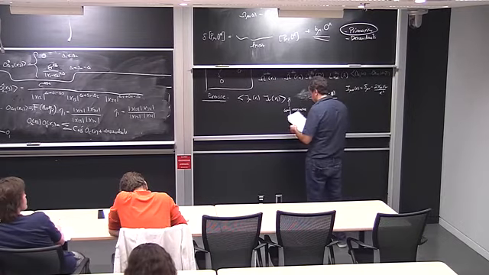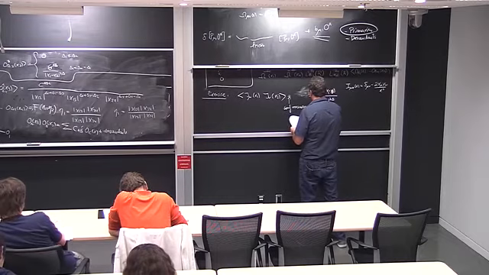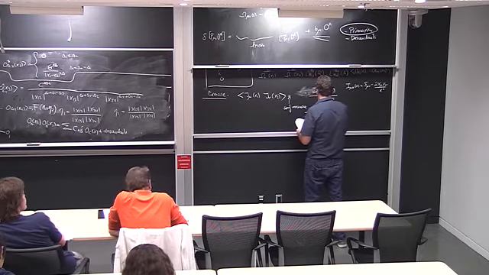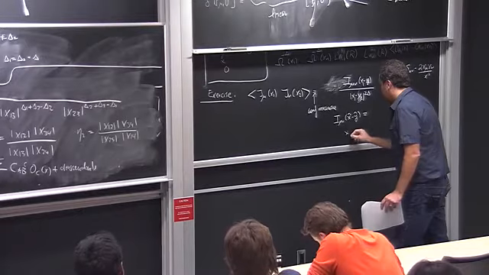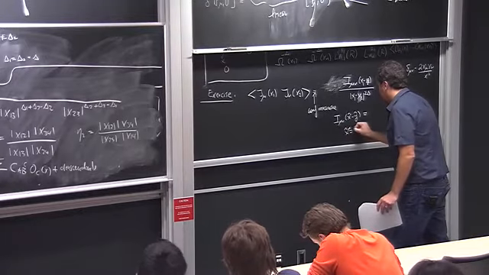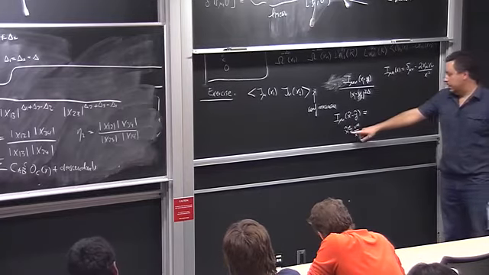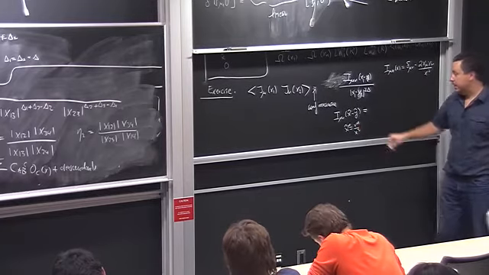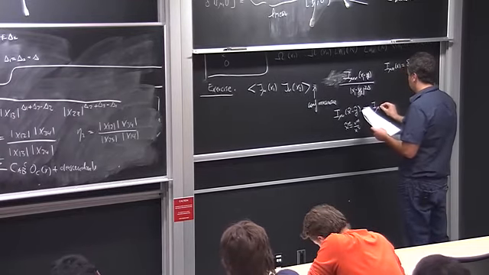So the basic thing is to use the following property, which is straightforward to check. x tilde is the action of inversion on x. It transforms as a connection in the following sense.